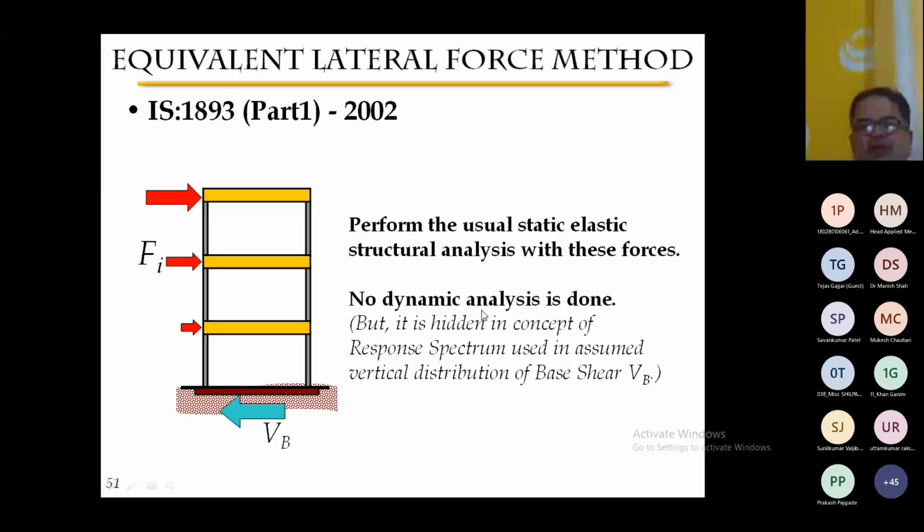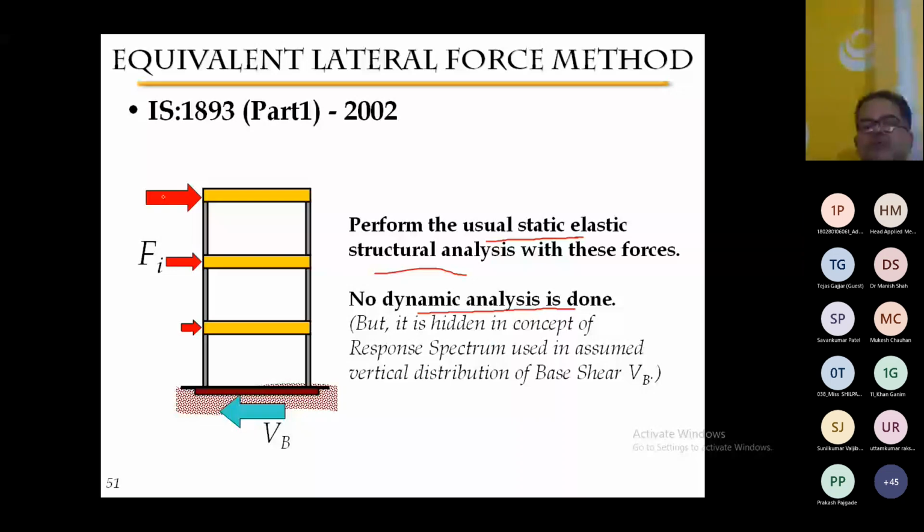So what we are doing is simply performing the usual static elastic structure analysis, right? No dynamic analysis is done here. But this is the most important part. It is hidden in the concept of response spectrum used in the assumed vertical distribution of the base shear, right?